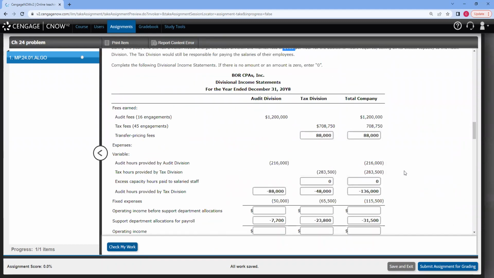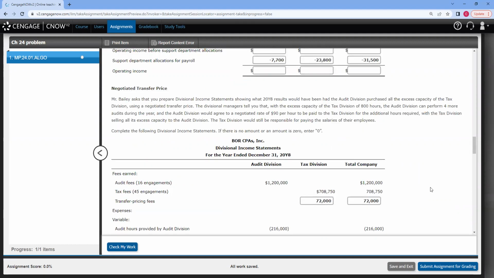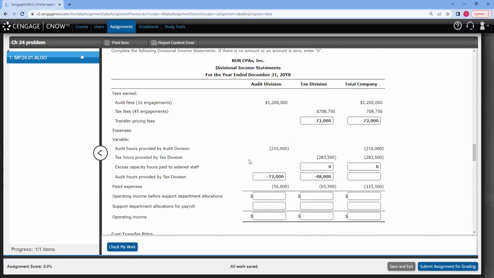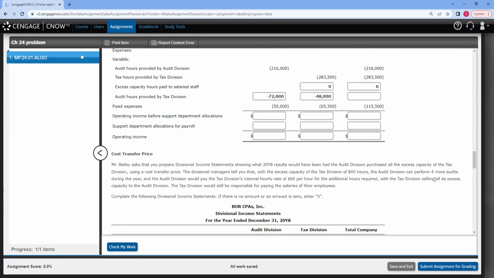Then it just becomes a question of how do we split that additional profit or additional income for the company? Does it go to the tax division? Does it get split? Or does it simply save money for the audit division?